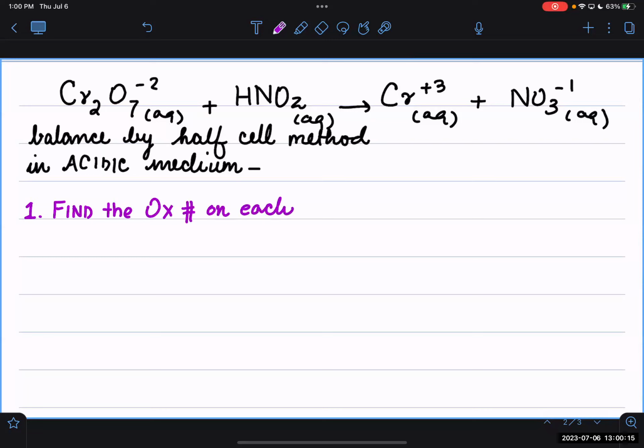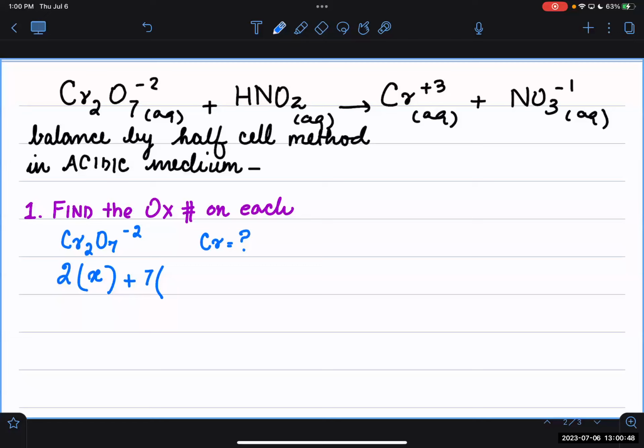Now remember, chromium is a transition element, so we will have to find this. In Cr2O7 -2, we have 2 times X for chromium, because chromium is present in the transition d block. So 2X plus 7 times what?